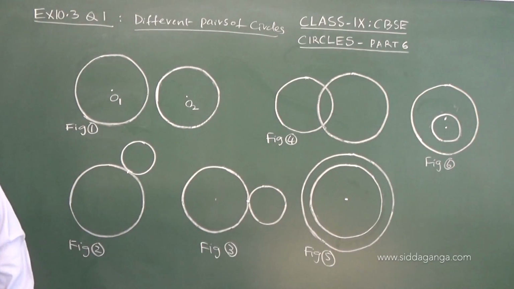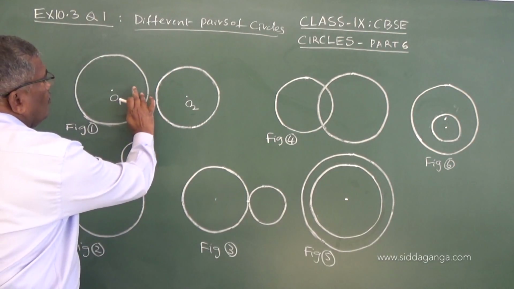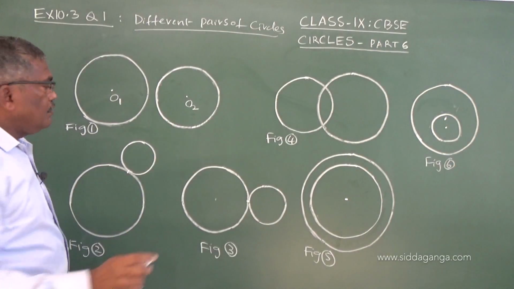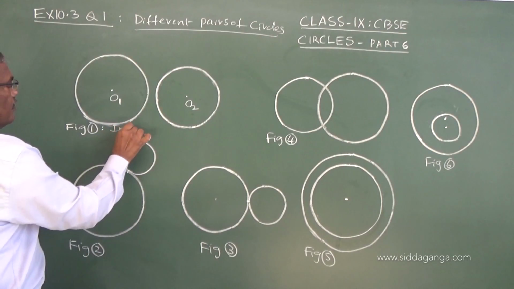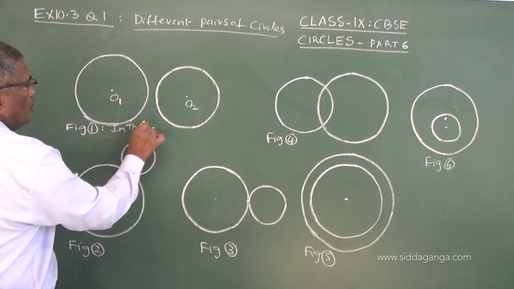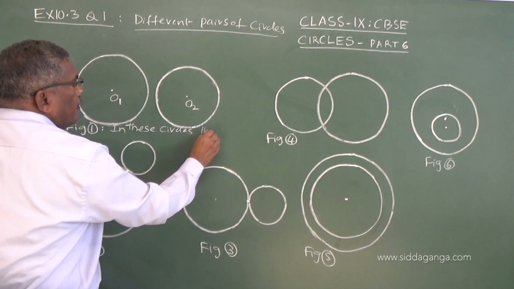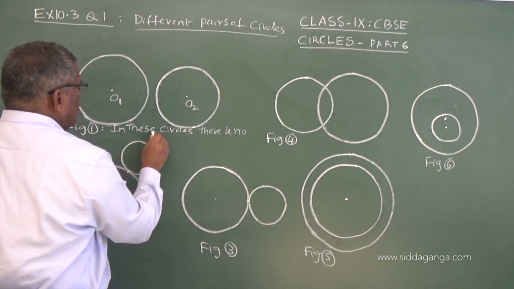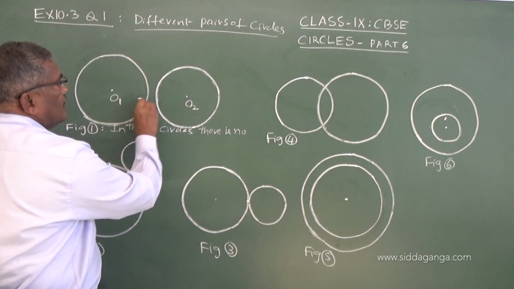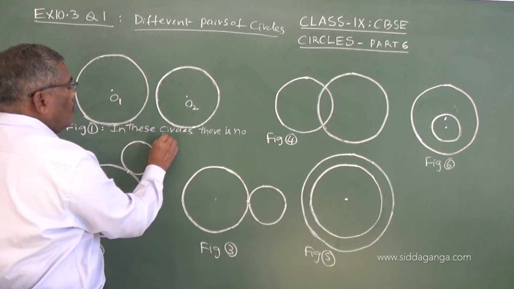In figure 1, as you can observe, there is no common point between these two circles. That means these circles are not intersecting at any point or touching at any point.